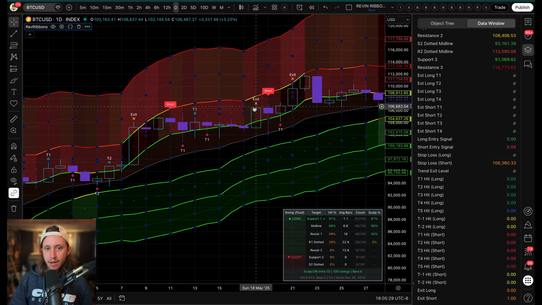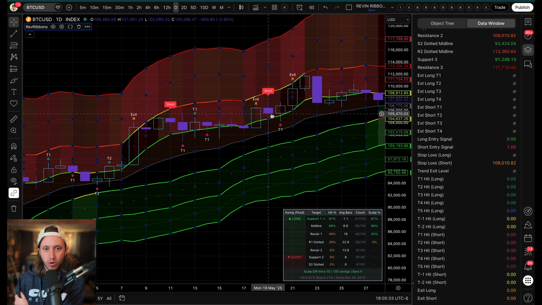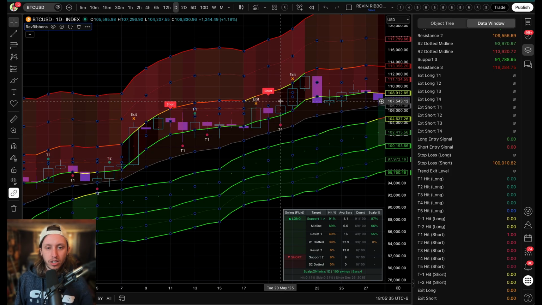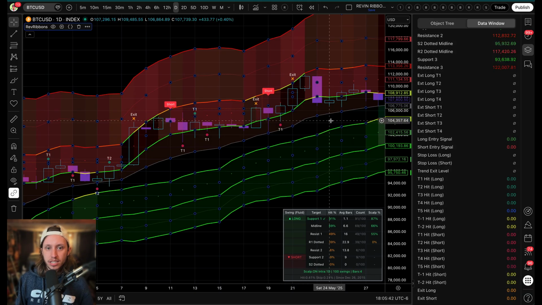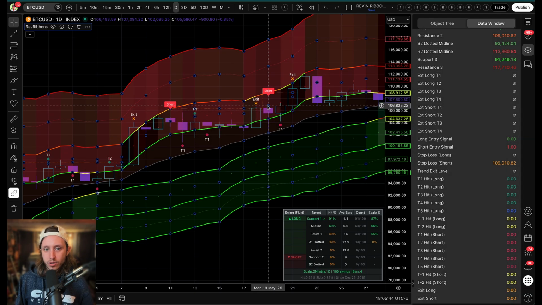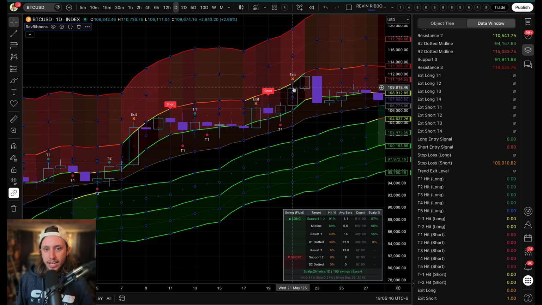So anytime that it invalidates or goes into a trend, if it's swing short but it goes into a trend long, off of that it will exit, and you can see here it was a good place to exit. However, we did see it almost immediately enter a short again. It hit one target, then exited again, it went up a little bit higher.